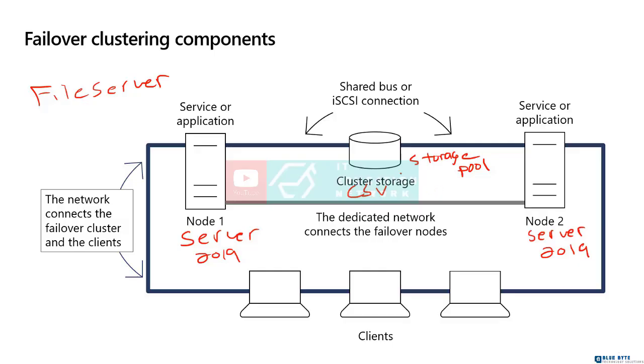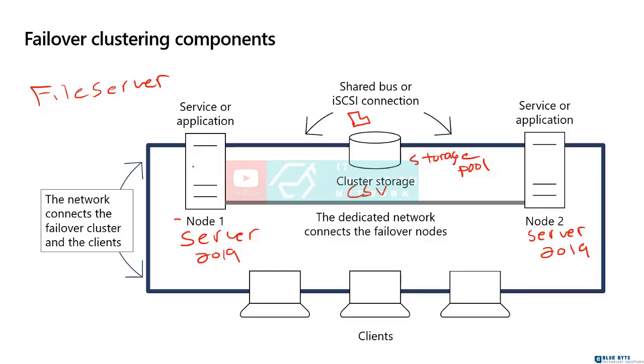Now, the reason is because if you created a shared folder on Node 1, if that folder only lived on Node 1 and Node 1 crashed, your data will be unavailable. So here is where my shares would actually reside. This cluster storage volume, or the CSV, it is simply mapped.